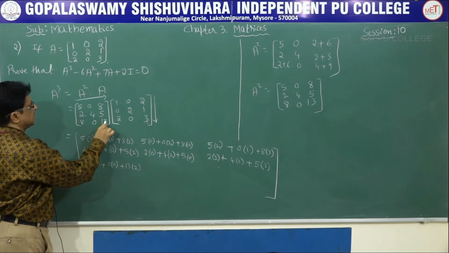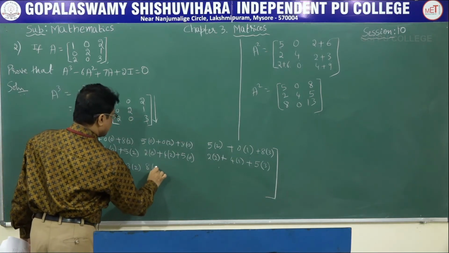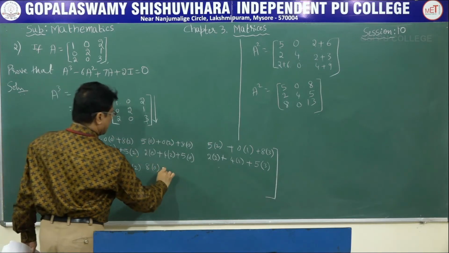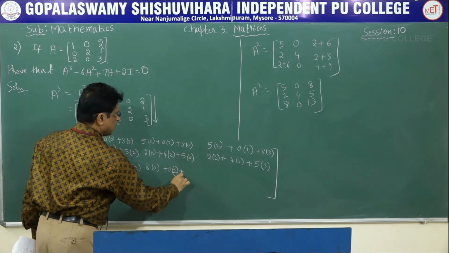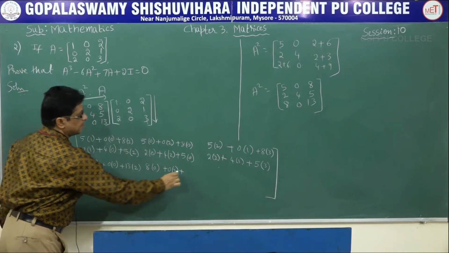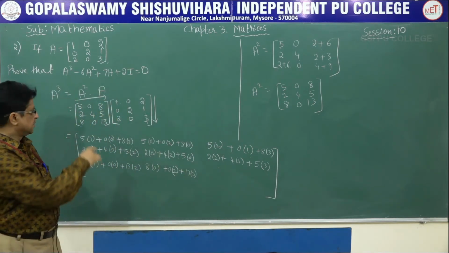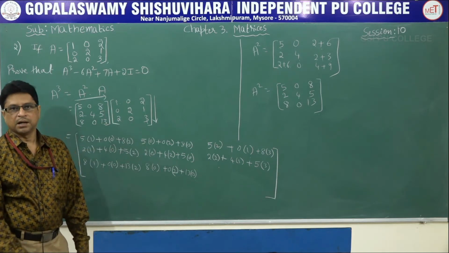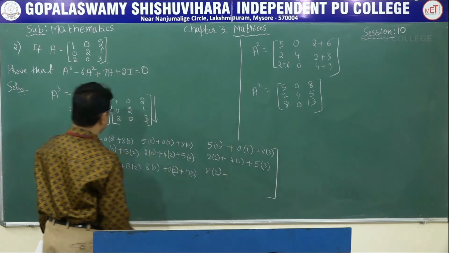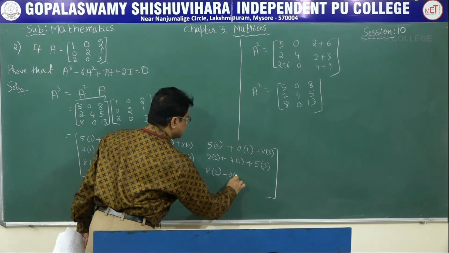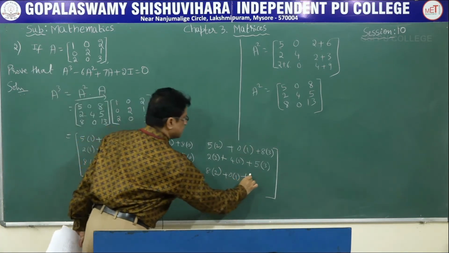Next element will be third row into second column: 8 into 0 plus 0 into 2 plus 13 into 0. The last element will be third row into third column. That is 8 into 2 plus 0 into 1 plus 13 into 3.